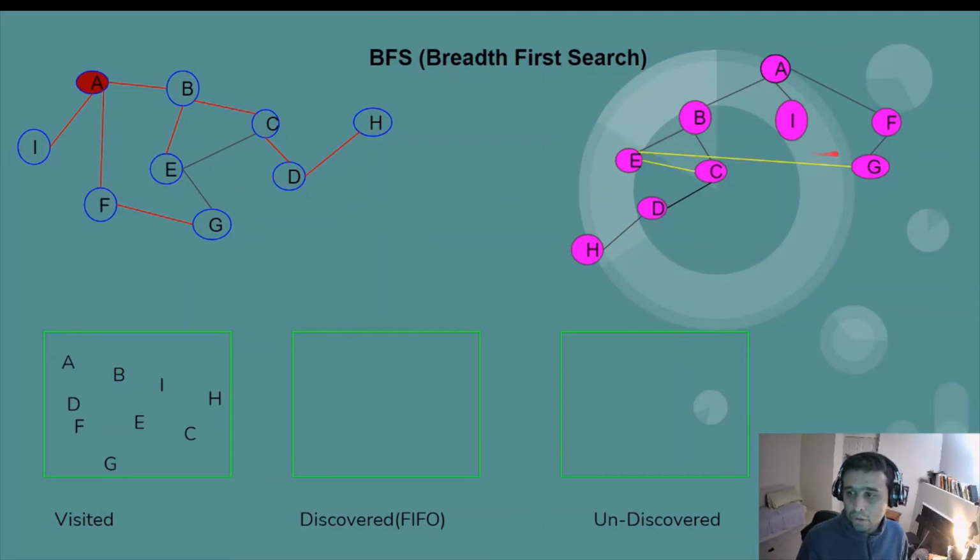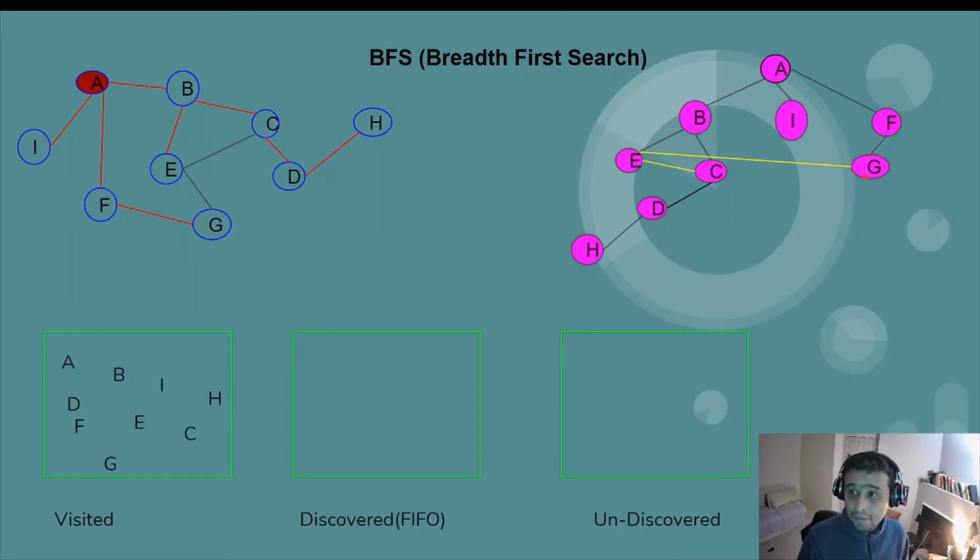These two yellow edges, one is from E to G and another is from E to C. These two routes were not explored when we were running BFS. So these edges indicate that in the graph, from the source vertex to the destination vertex, we have more than one path.